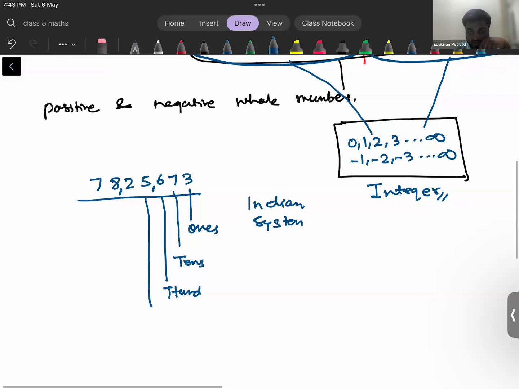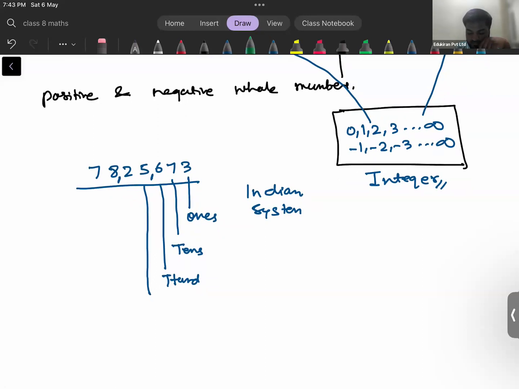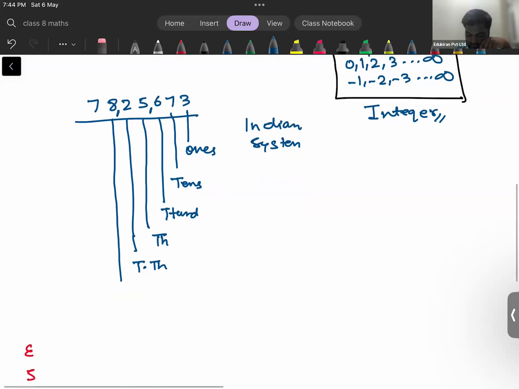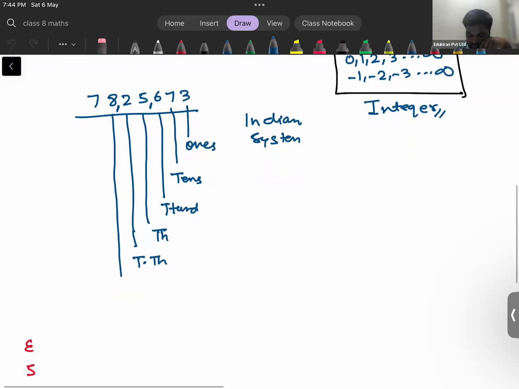What is the position of 5? It is at the 1,000 position. Then 2 is at the 10,000 position. What about 8? No, it is at the lakh position. And 7 is at the 10 lakh position.